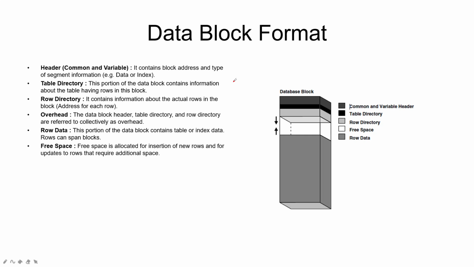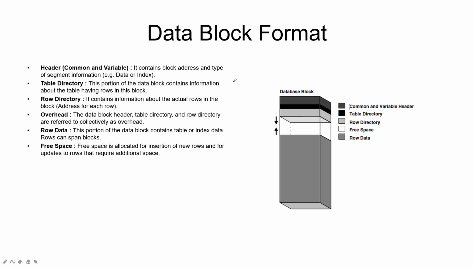Now let's go one by one, from the top. That's the header. What exactly is a header? The header contains general block information, such as the block address and the type of segment. It's the type of segment, like for a data segment or an index, something like that.